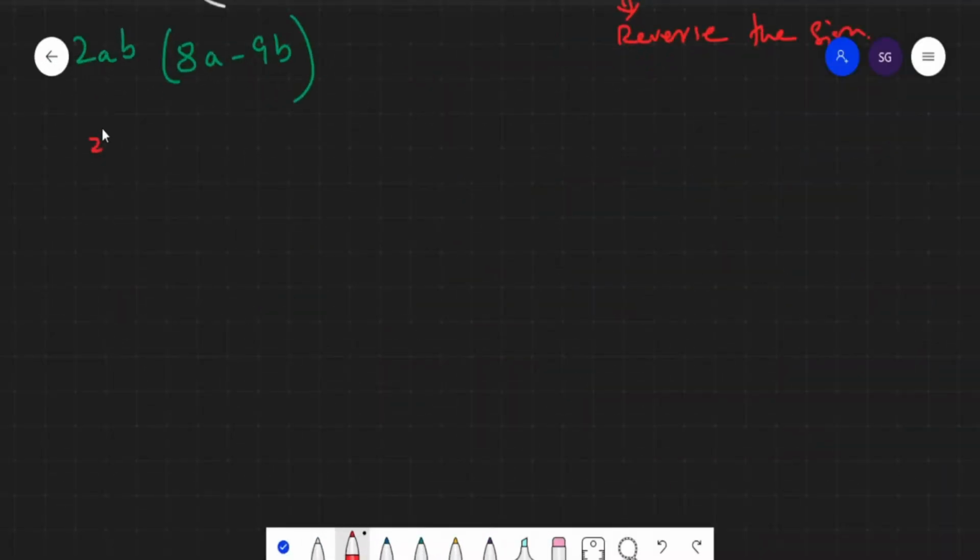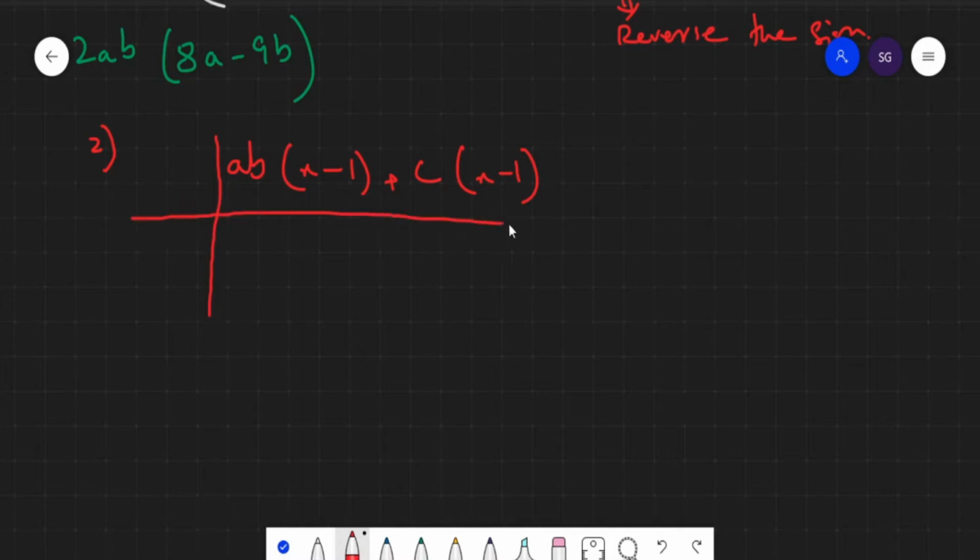Let's say this is our example number 2, and this is ab bracket x minus 1 plus c bracket x minus 1. Now this is sort of a level up for us, but we will keep the same way of working. So I'm going to make this column method. Now remember, you are always taking out a common factor.